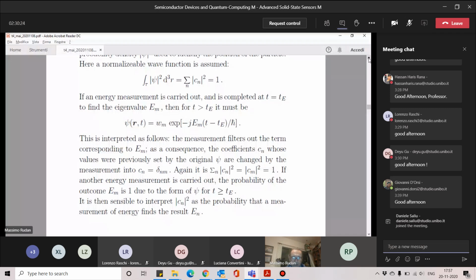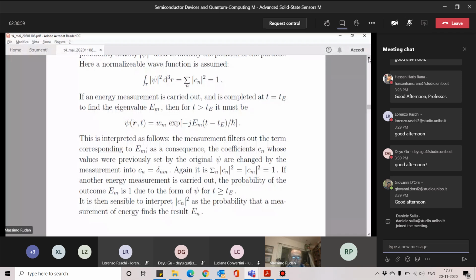All the remaining coefficients whose index is different from m are set to 0 by the operation of measuring. So in conclusion, the measurement is like a filter. It's like a filter that out of a function made of the superposition of many monochromatic terms, filters out one of them and kills all the remaining ones.